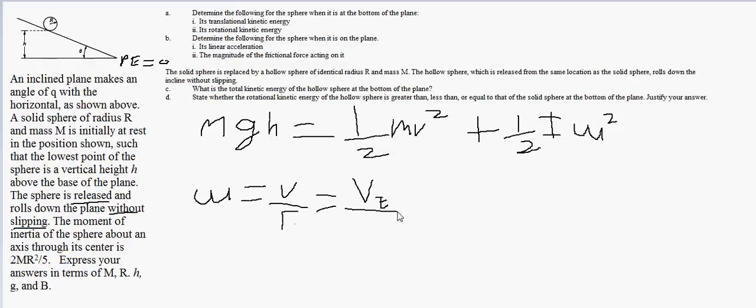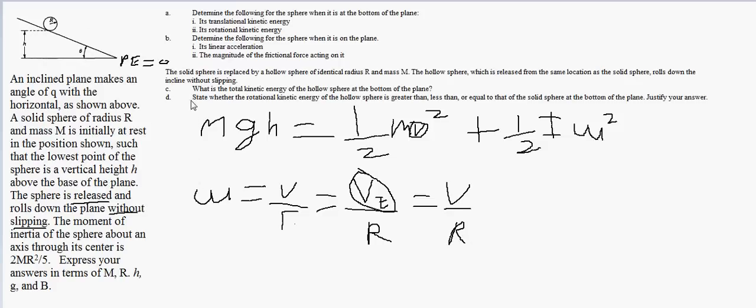Its equivalent radius is the radius of the sphere, which is equal to r. And we know that the velocity at the edge is equal to this velocity because it's rolling without slipping. Think about it. It makes absolute sense. If it's rolling without slipping, those two are equal. I can't explain it. You just have to think about it. So we can say that this is v over r.